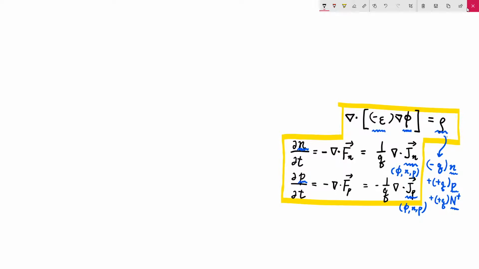Although this system looks great, we still have a question: what is the functional dependence of the electron current density and hole current density? How are they written as functions of phi, n, and p? That is the next question we have to understand.